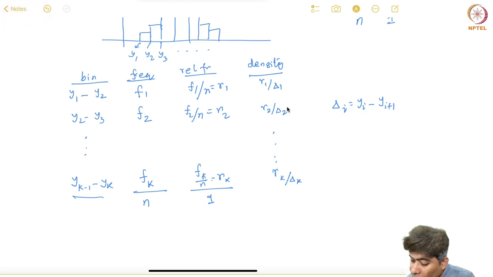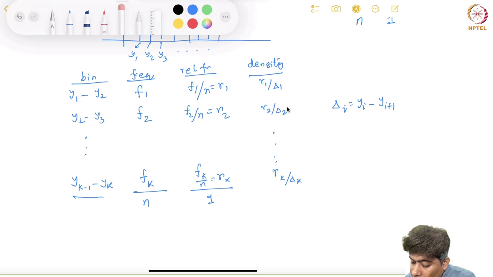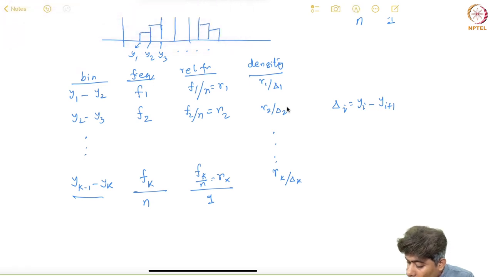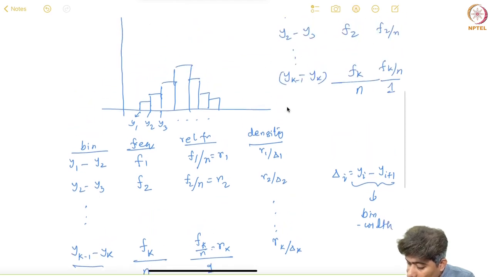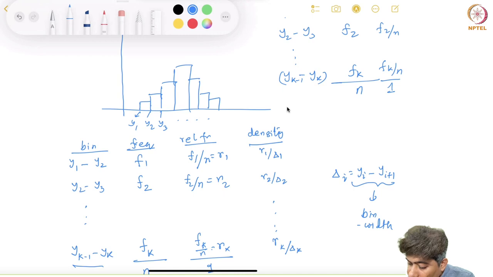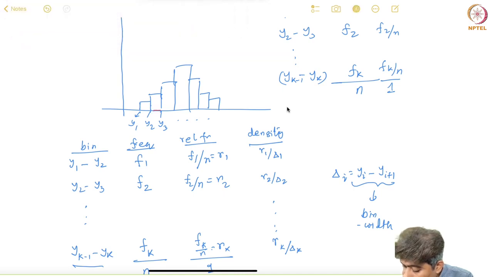So if we divide the relative frequency by the bin width, we get density, and that is what we plot on the y-axis.